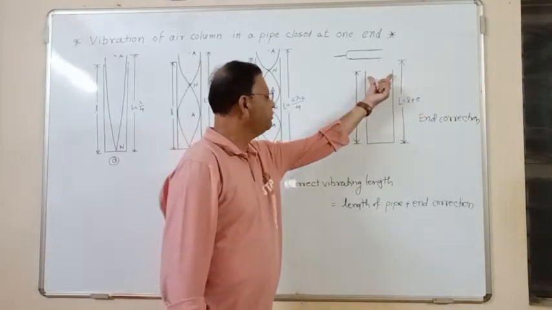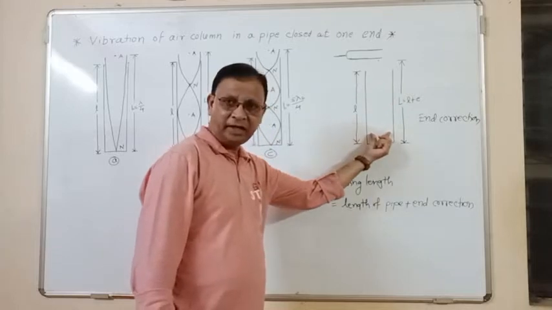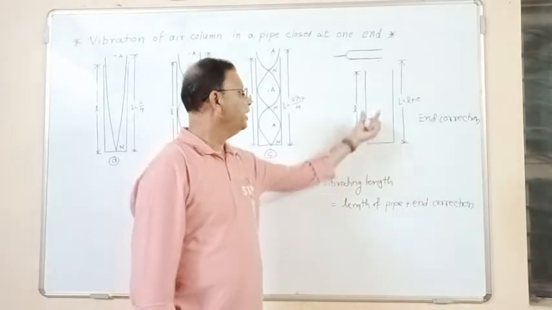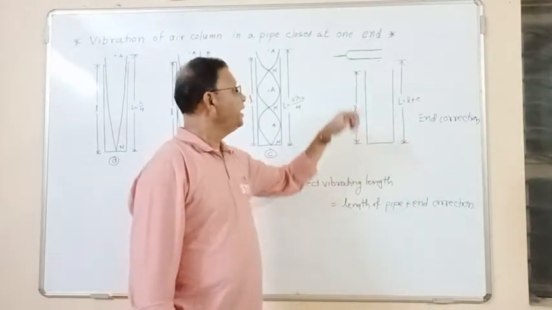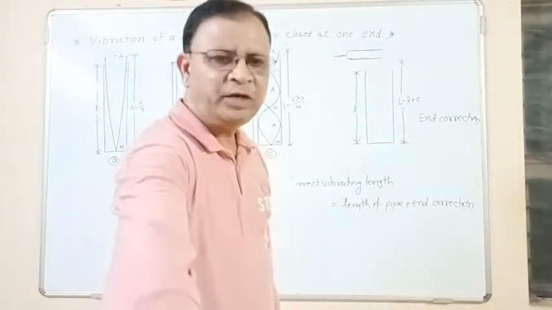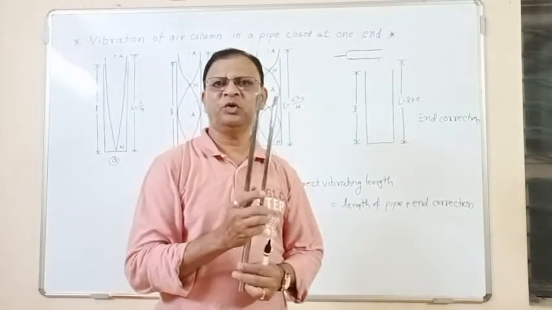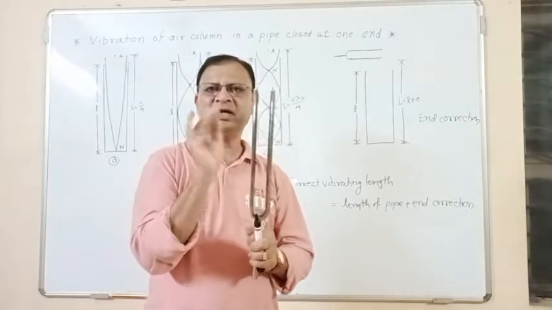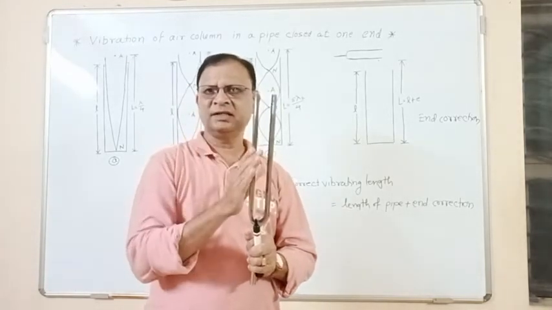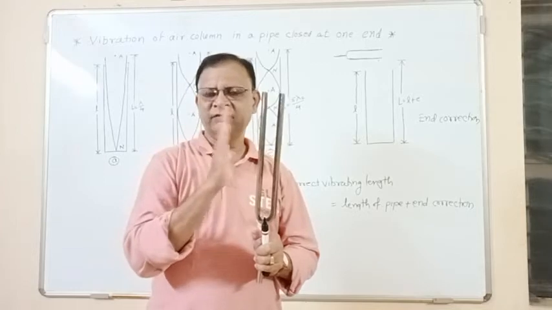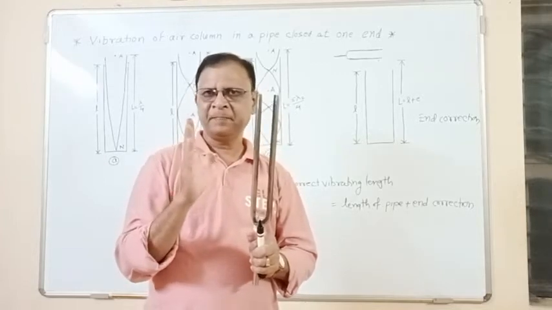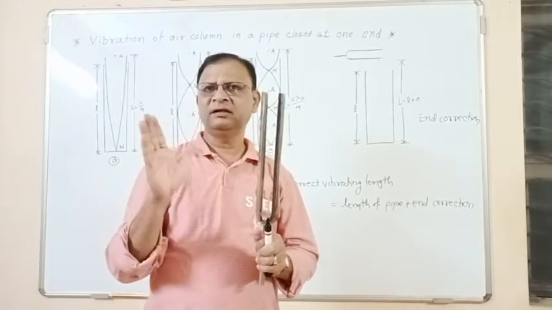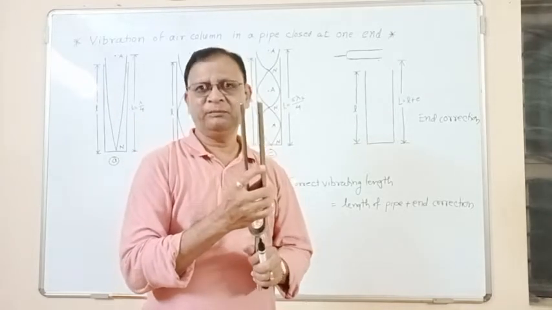That means this pipe consists of air, which forms the air column. Okay, and when a vibrating tuning fork, we know that a tuning fork produces a sound wave. When the prongs of the tuning fork vibrate outwards and inwards, then compressions and rarefactions are formed in the medium, and these compressions and rarefactions travel one after another, which forms the longitudinal wave.